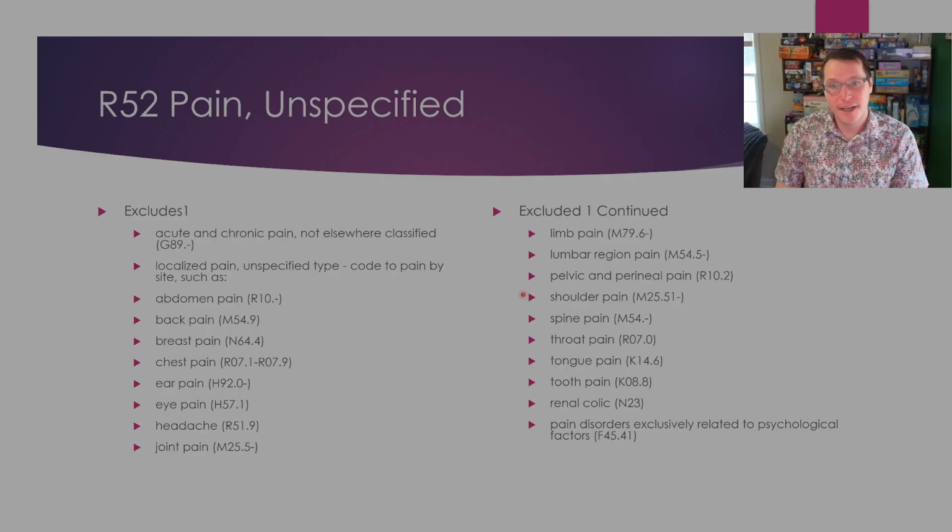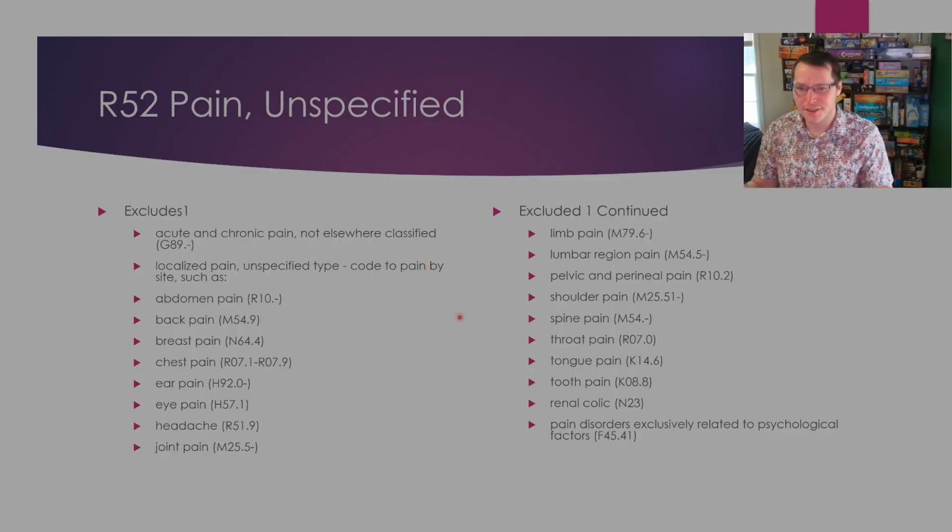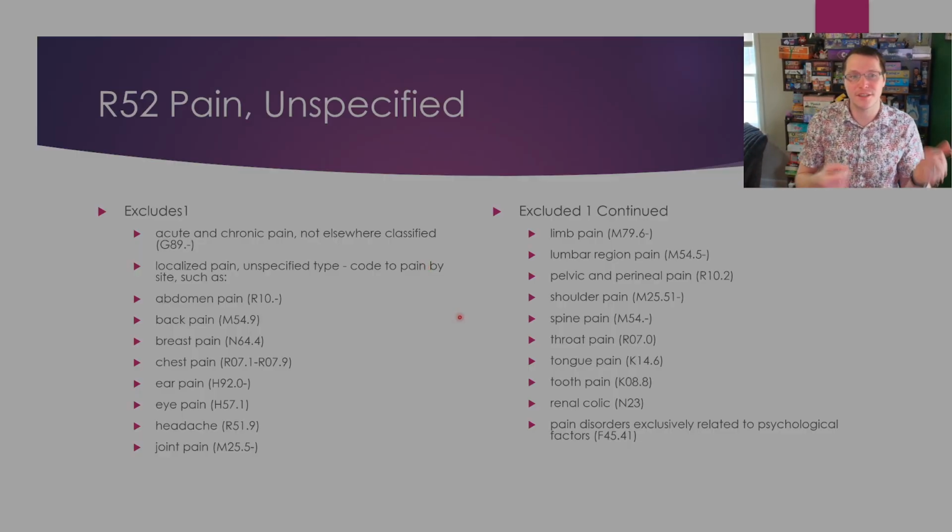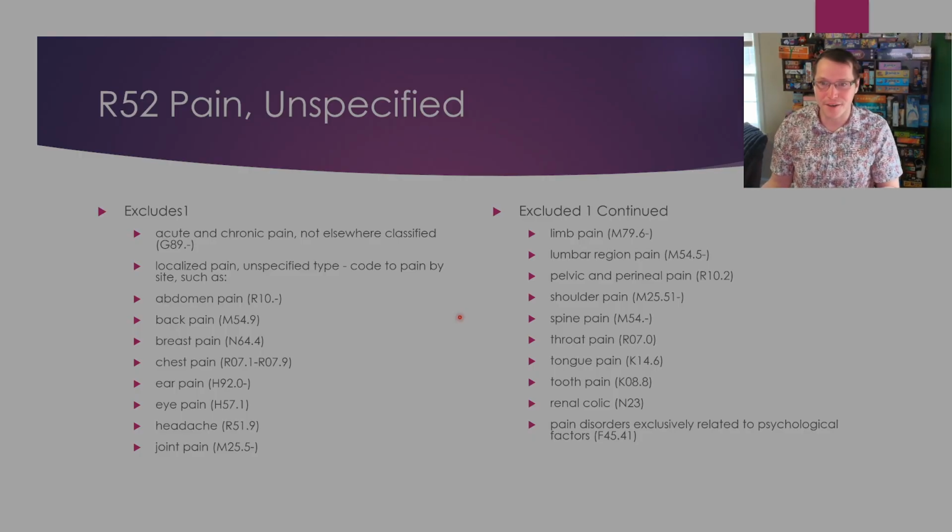Pain unspecified. This one has the longest list of exclusions I think we've seen so far, because obviously it's really not that great of a code. I generally delete it 99% of the time that I see it. I more like it as providers using it as a crutch code for more or less just quickly doing charting and writing down their information.